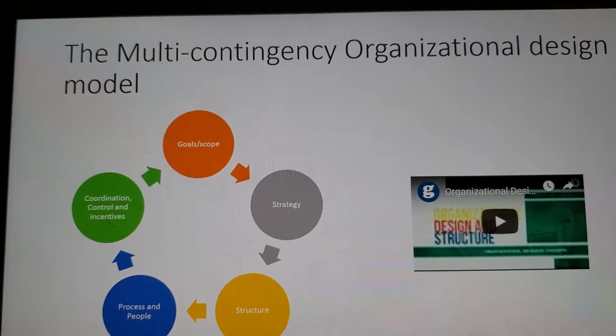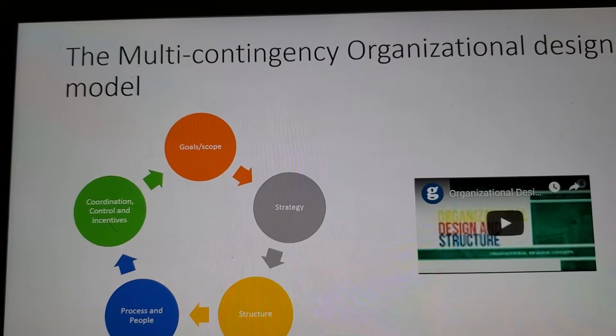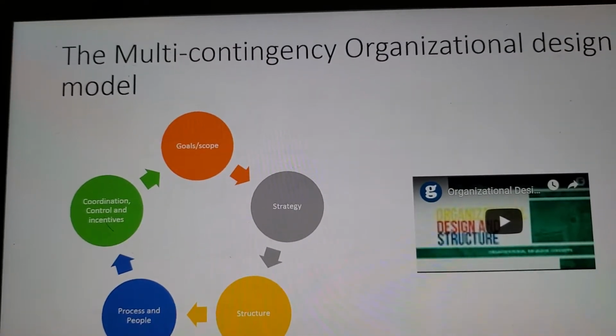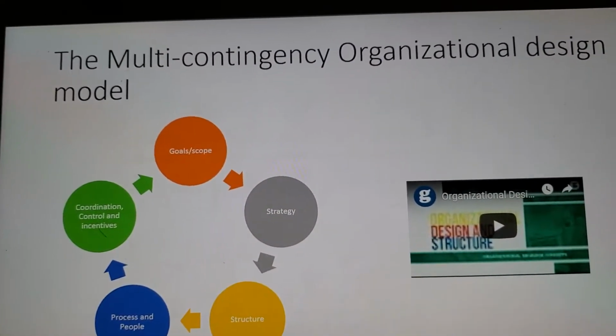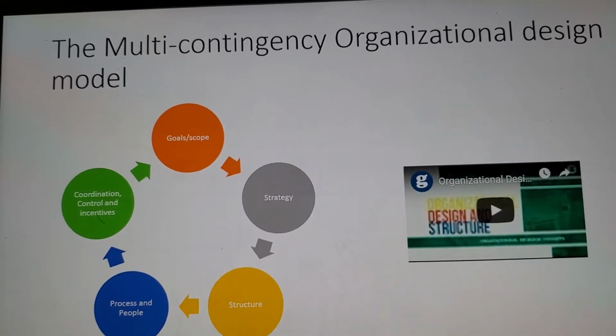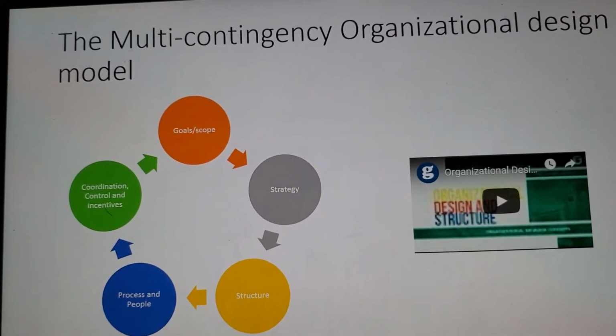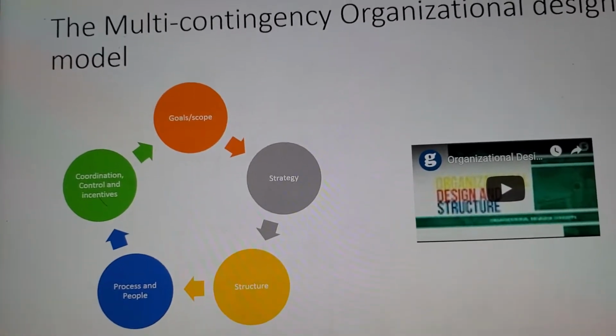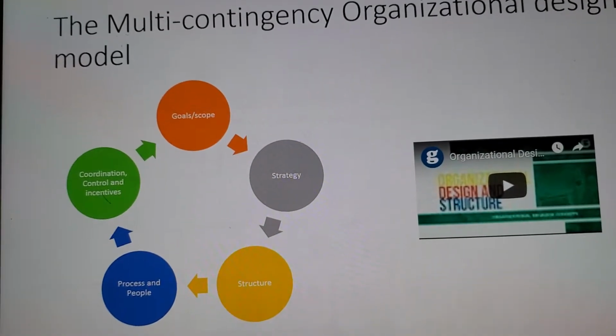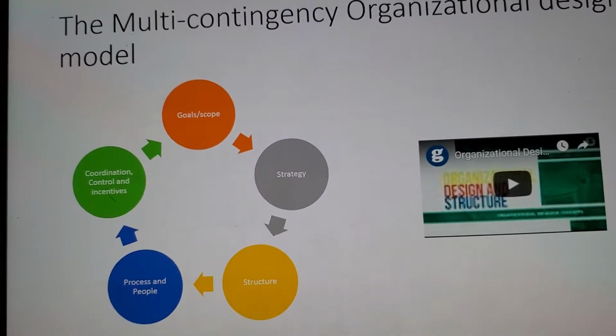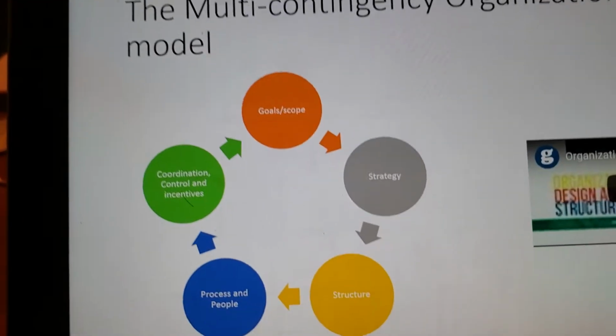The organization design has the multi-contingency plan model, which consists of goals, scope, strategy, structure, process and people, coordination, control, and the different incentives.